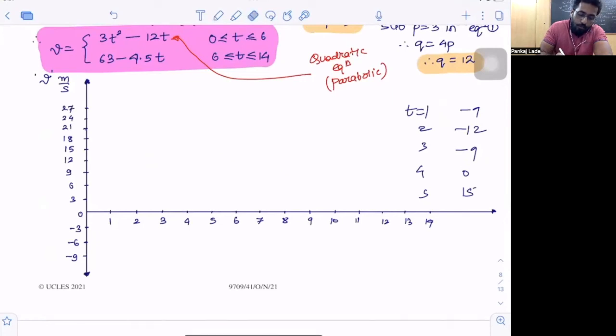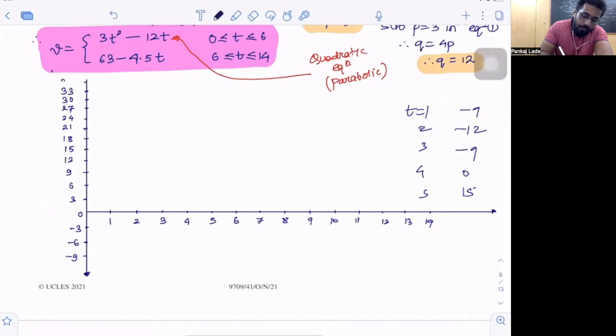I'll have to go up. 27, then what? 30, 33, and then 36. So I'll have to remove this as well.